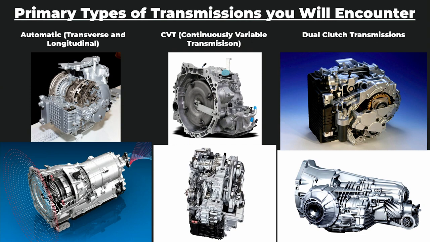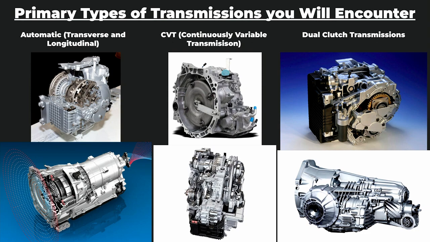Then, as we move to the center section here, we have a CVT transmission on the top, which I believe is a Nissan CVT. And then on the bottom in the middle, we have a Toyota CVT transmission as well. As we move to the top right, we've got a dual clutch transmission. And then in the bottom right is also a dual clutch transmission.